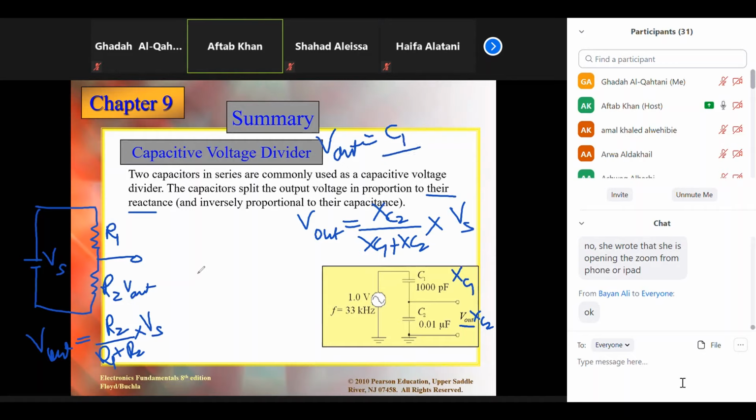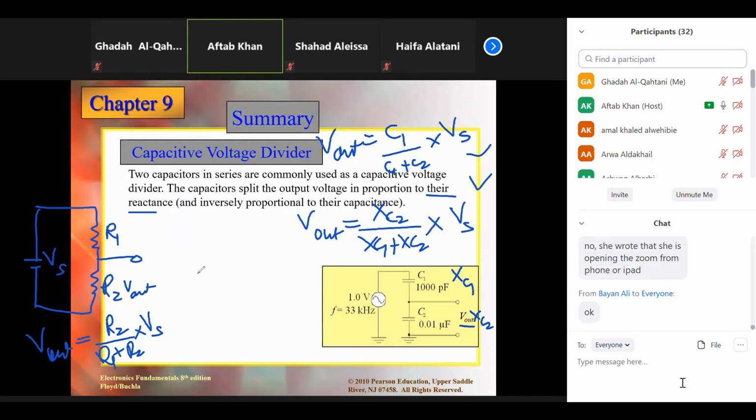It is C1 over C1 plus C2 multiplied by Vs, like a current divider formula. Do you remember? Like a current divider. So both will work, but whichever you want to use, you have to go accordingly.